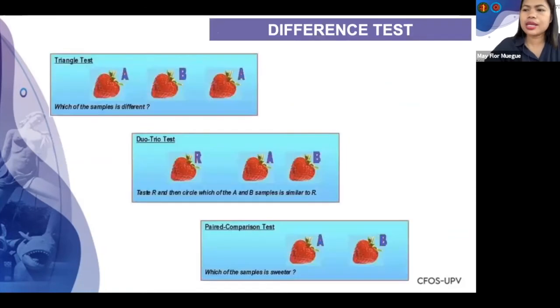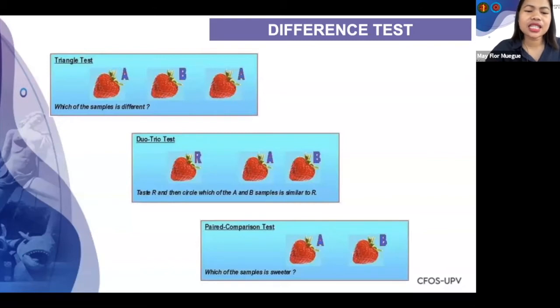Okay? So this is the example of what was it earlier? Difference test. So we have the triangle test. Which of these strawberries, which of the samples is different? You just test them and then you have to spot the difference. Okay?